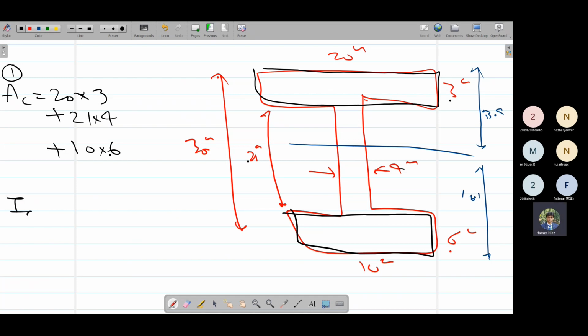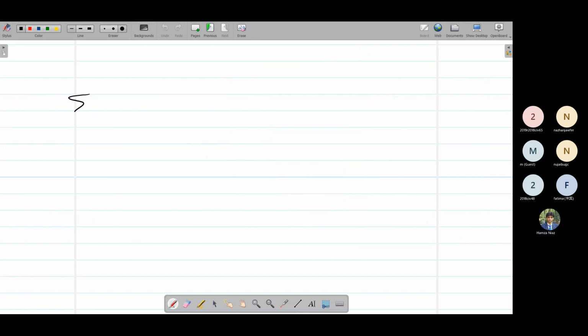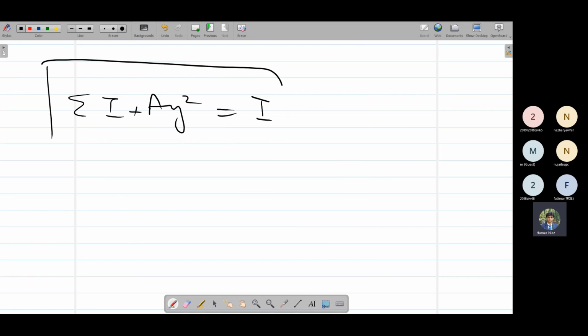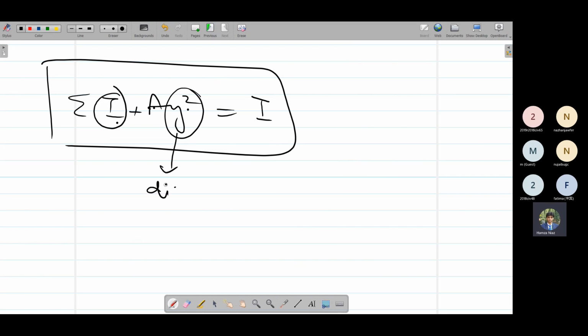So for moment of inertia for the bottom rectangle, it is BD cube by 12, 10 into 6 cube by 12, plus we are using the parallel axis theorem. It says that summation of I plus A y square is equal to the moment of inertia. So summation of individual moment of inertia plus area times distance from centroid, where y is the distance from centroid.